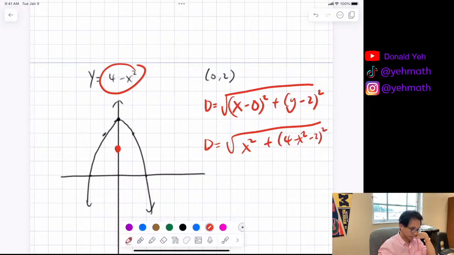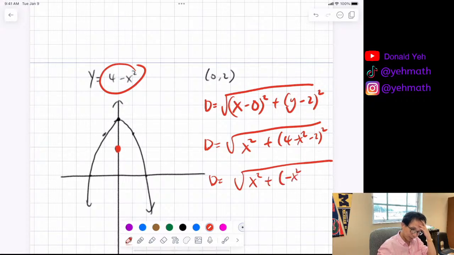So distance equals the square root of x squared plus (negative x squared plus 2) squared, right?